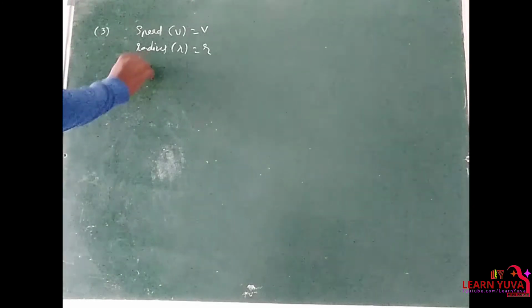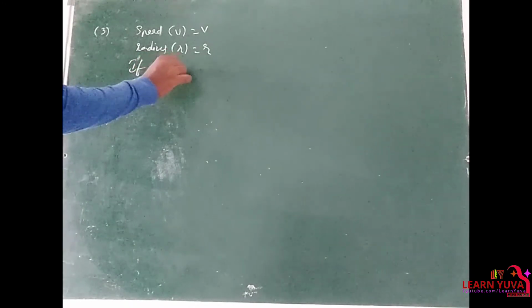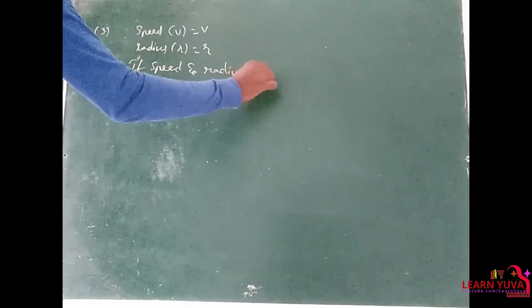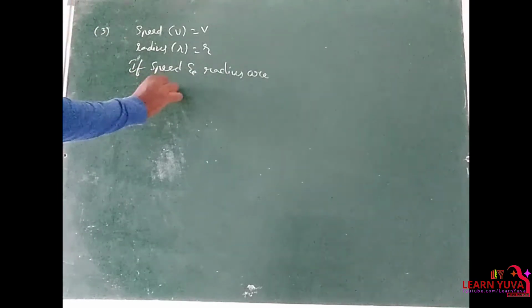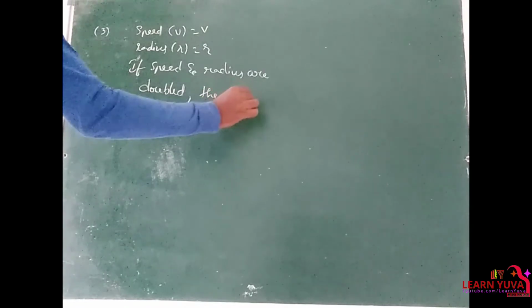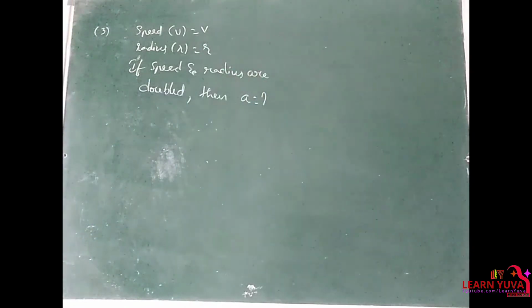Then what happens to its centripetal acceleration? Here, if speed and radius are doubled, then A is equal to centripetal acceleration.